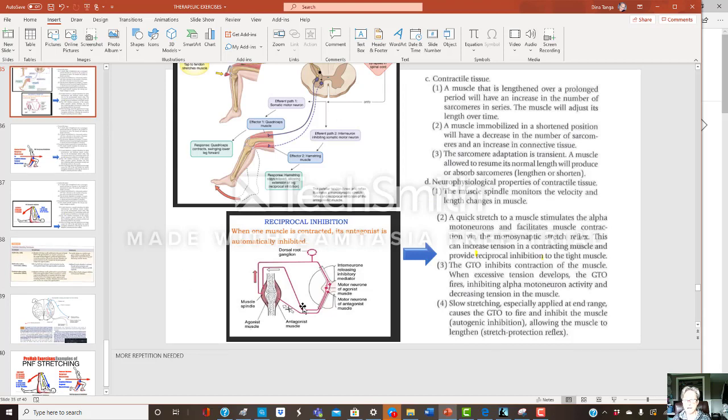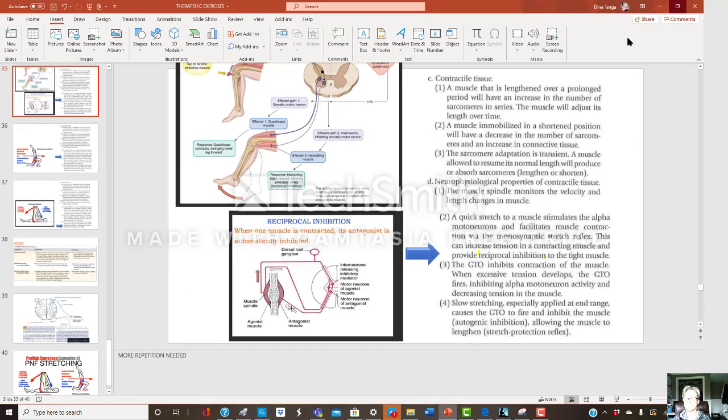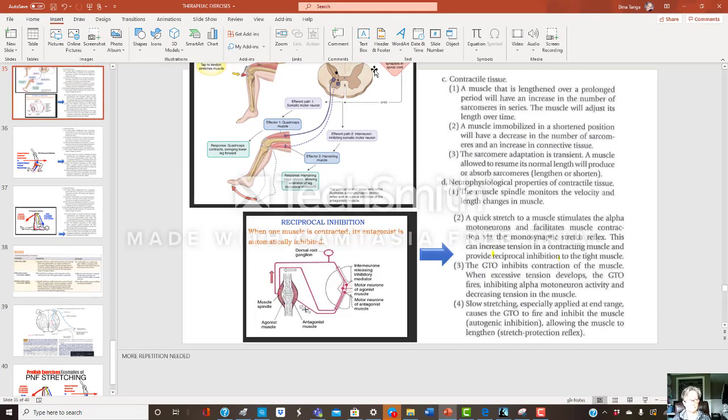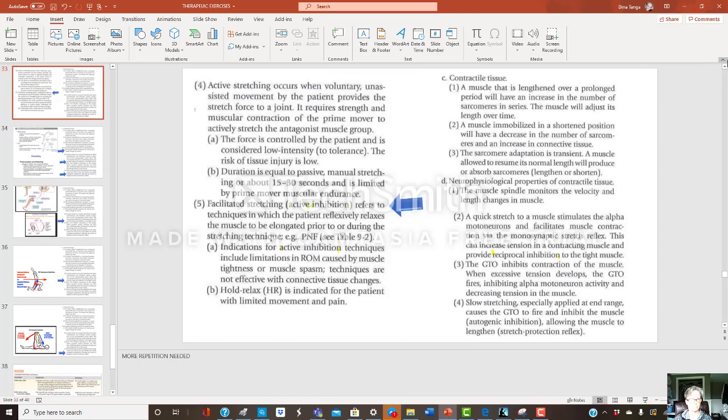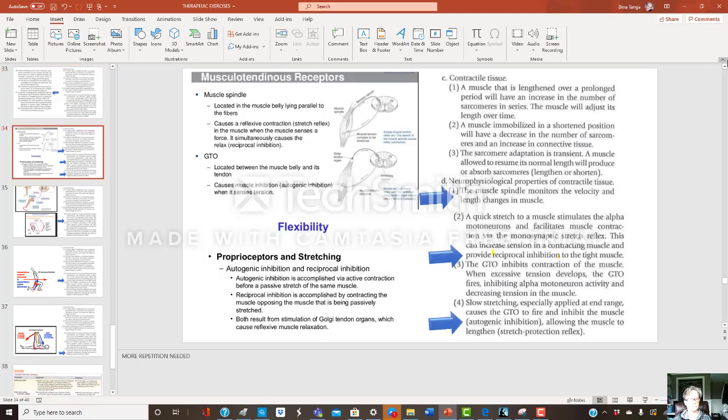So I added the neurophysiological properties of contractile tissue.